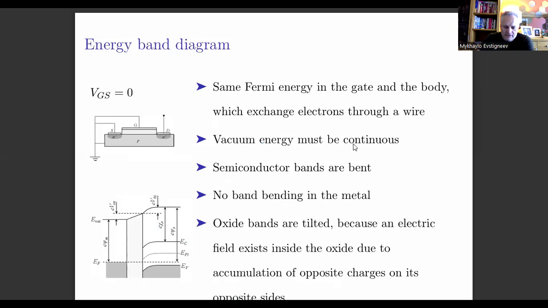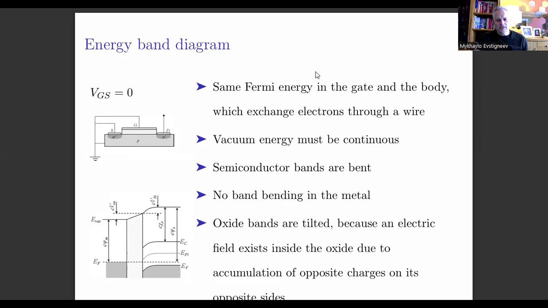Okay, so now let's start discussing the physics of MOSFETs. More precisely, we will focus on the MOS part, the metal oxide semiconductor part of the MOSFET, using the energy band diagrams.